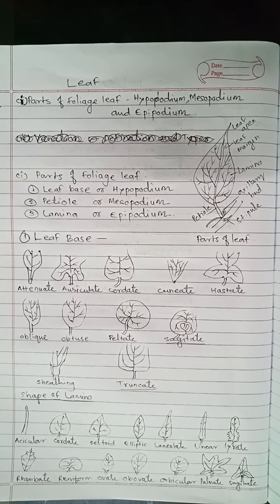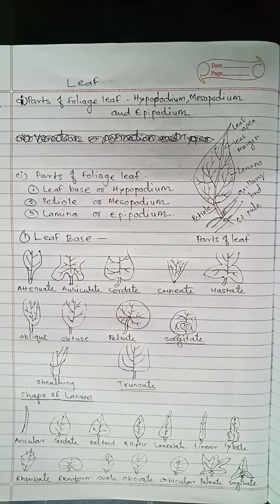Then the third part of foliage leaf, it is lamina. The green expanded portion of the leaf is called the lamina. It is also known as blade. This is the most important green expanded part of the leaf, which is mainly concerned with photosynthesis.